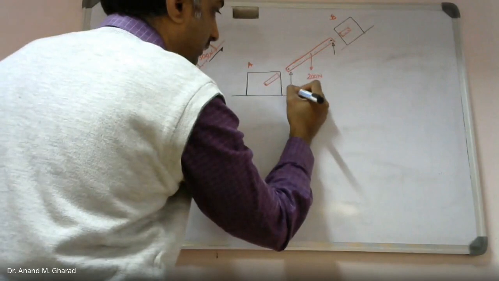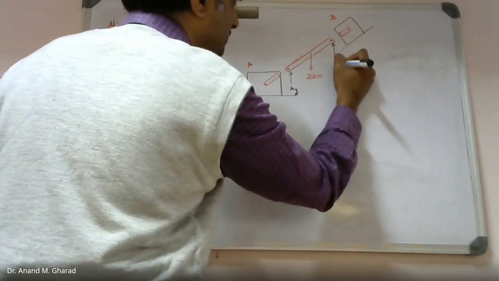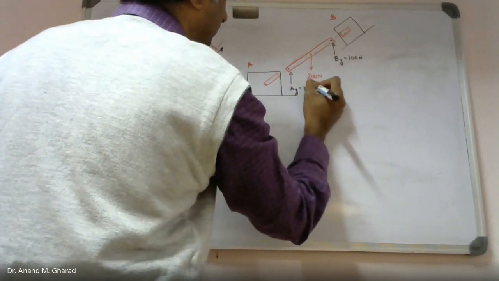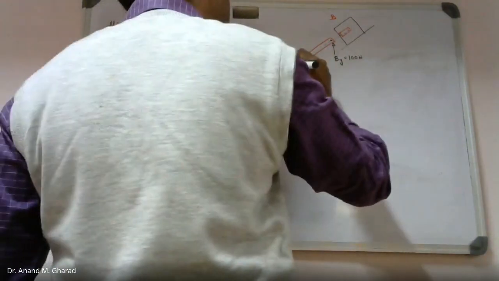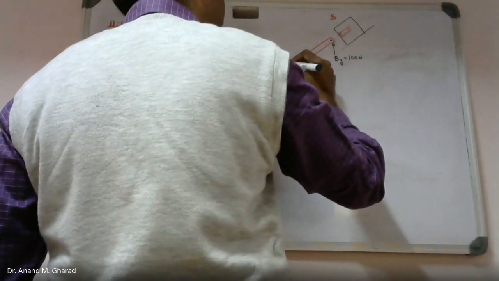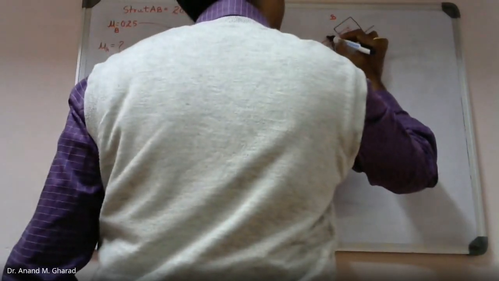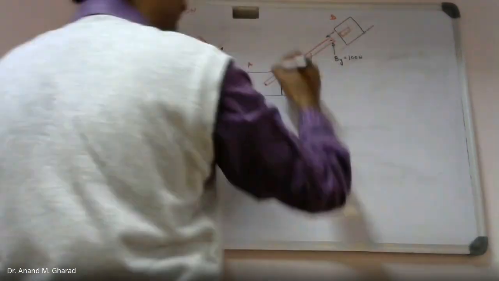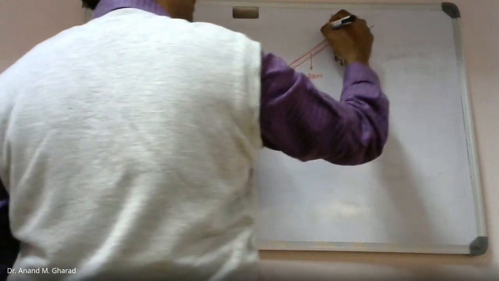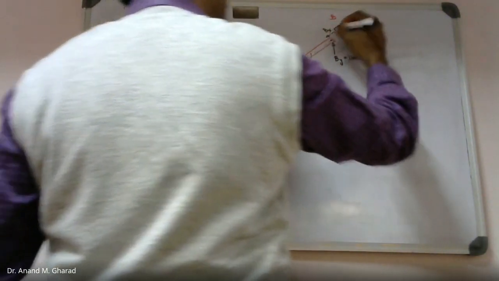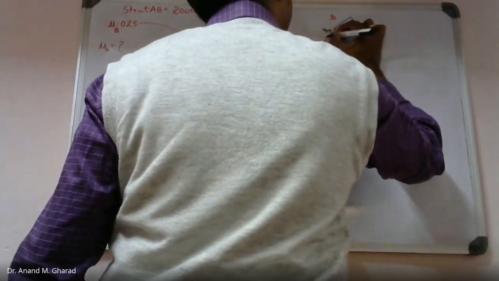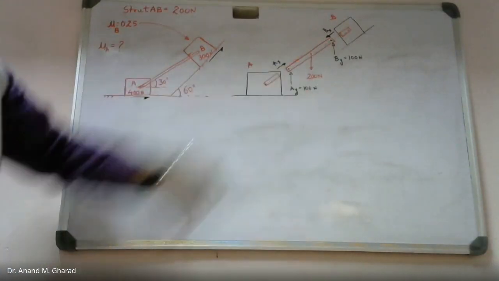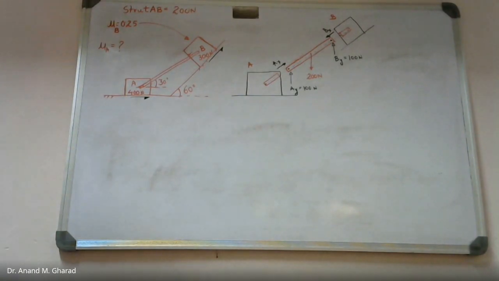Ay and By, both these terms came out to be 100 Newton, isn't it? Now, for time being, let me consider the directions of Ax and Bx to be like this. Ax and Bx. And from the equation, it was observed that Ax came out to be equal to Bx. So this is the free body diagram as far as this strut is concerned. Fine.